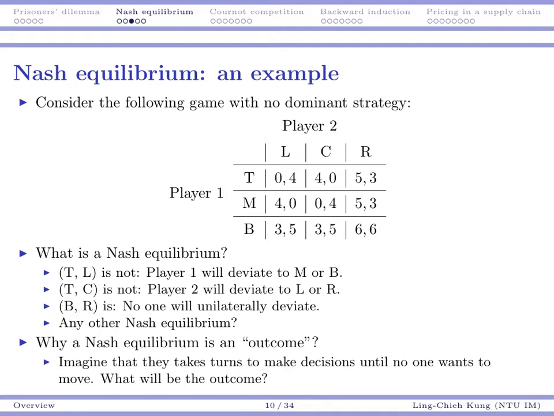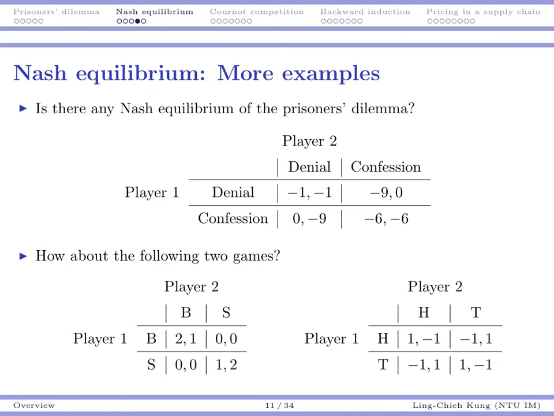But at least we can say a Nash equilibrium is a stable outcome, because once that happens, unless they coordinate, no one is going to change their decision. Let's see some more examples.